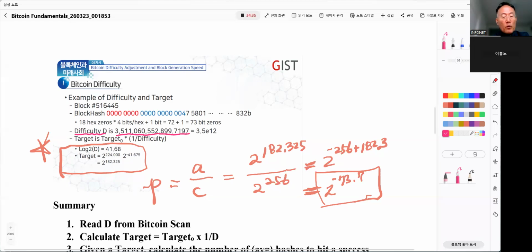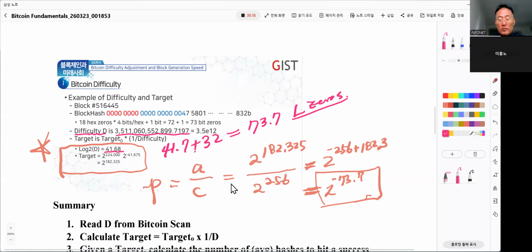If you take the log of that difficulty, that is kind of the number of leading zeros. If you add 32 to this number, 41.7 plus 32, this becomes the number of leading zeros. So it is 73.7 leading zeros.